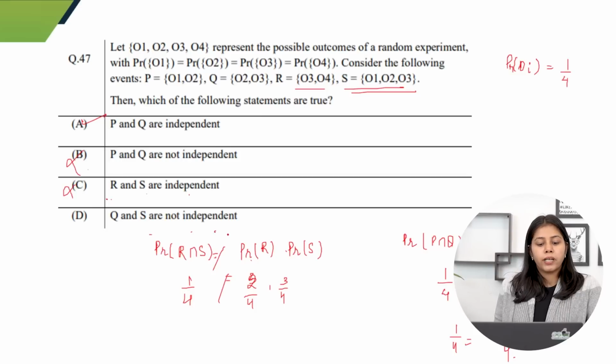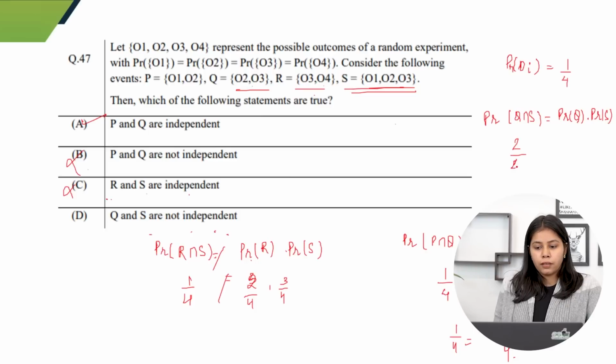And next is Q and S are not independent. Again, let's check for Q and S in a similar way. Probability of Q intersection S and probability of Q into probability of S. Q intersection S would be O2, O3 and O1, O2, O3. So their intersection, we have two common values.